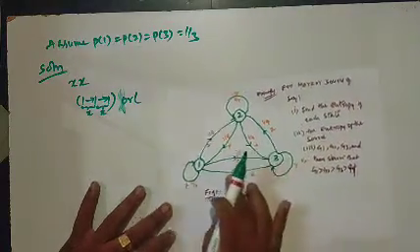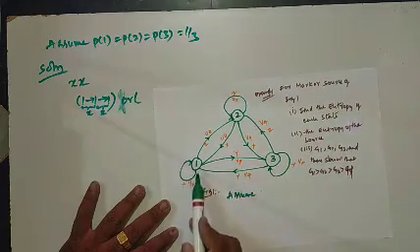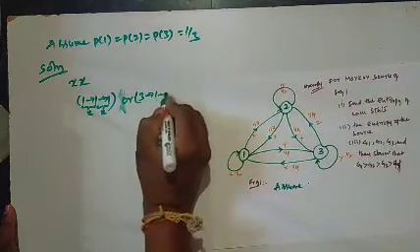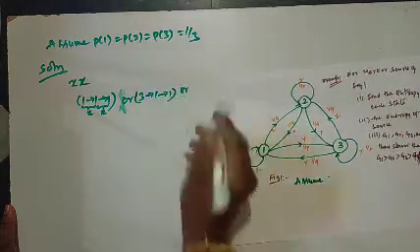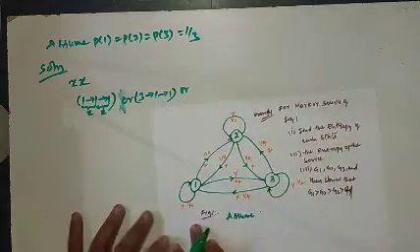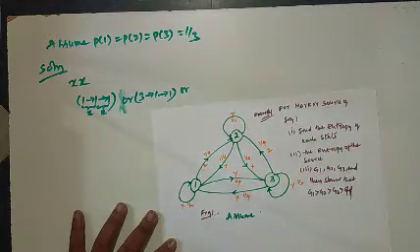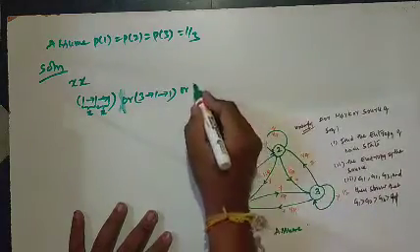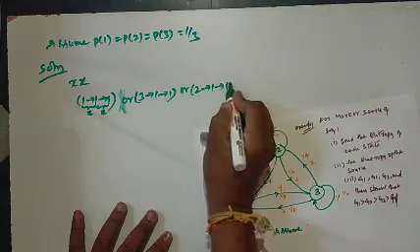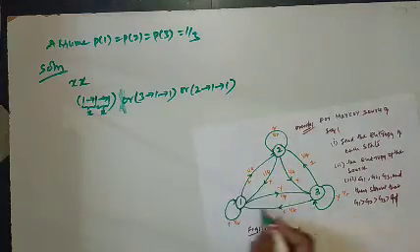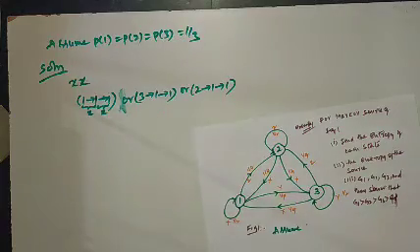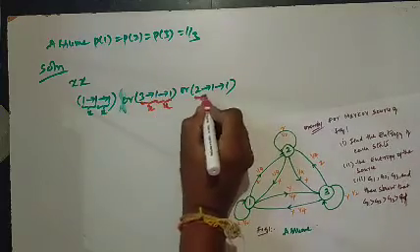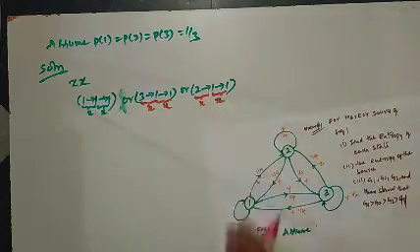Look here, 3 to 1 I got the X, and again 1 to 1 I got the X. Or another way is 2 to 1 and again from 1 to 1. So 3 to 1 is X itself, again 1 to 1 is X. 2 to 1 is X, again 1 to 1 is X.